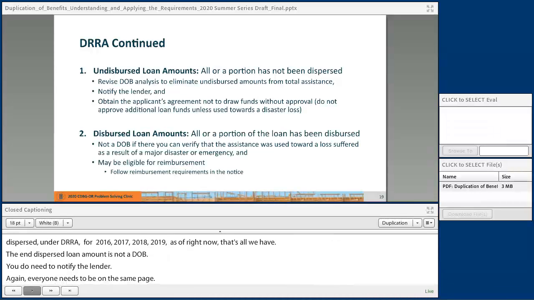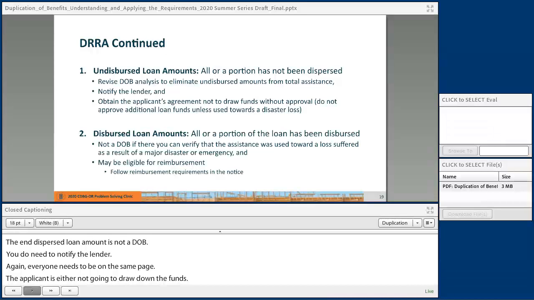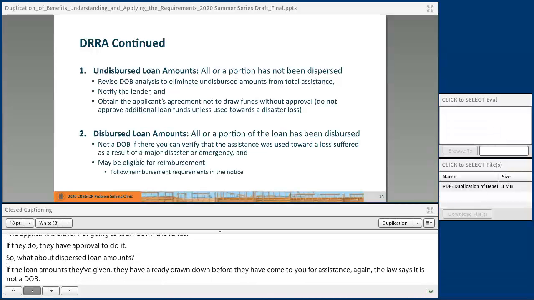So what about dispersed loan amounts? So the loan amounts that they've given, they've already drawn down before they've come to you for DR assistance. Again, the law says it's not a DOB, as long as you can verify that that assistance was used towards a loss from the disaster, that's at least key, and we always have to think about what documentation we're going to use to verify that.